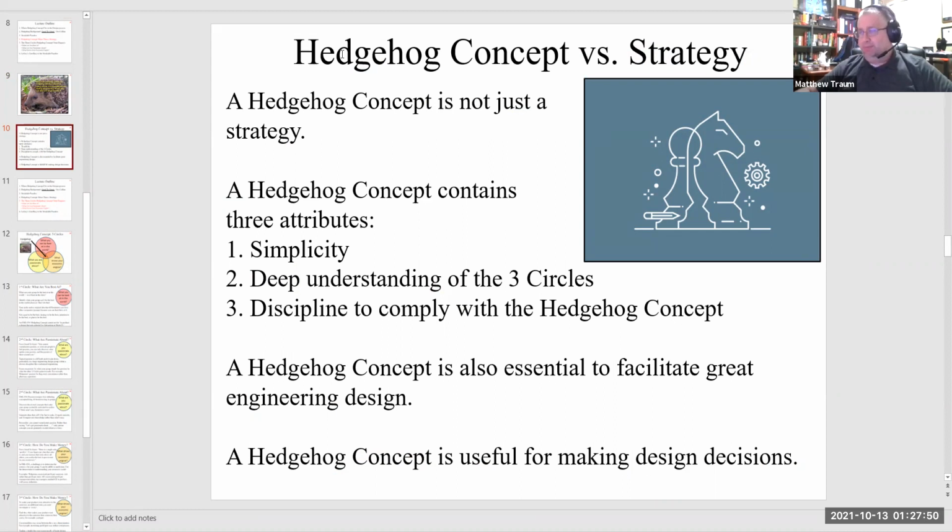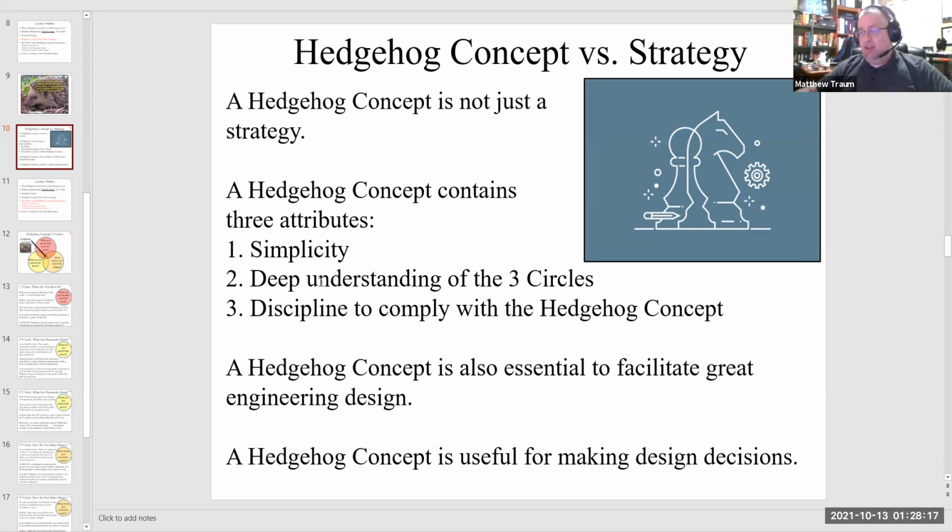So let's talk about some of the differences between a hedgehog concept and just conventional strategy. A hedgehog concept is of course more than just a conventional strategy, and that's because it contains three unique attributes. First, a hedgehog concept is simple, right? Simple ideas defeat complex ideas in the business world of generating hedgehog concepts.